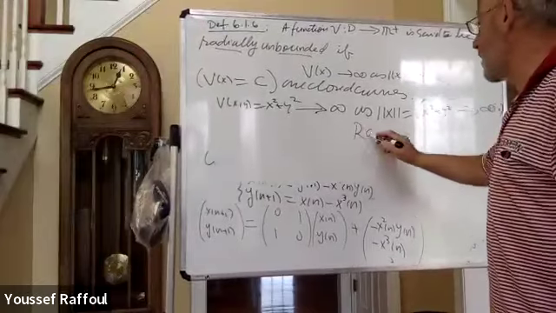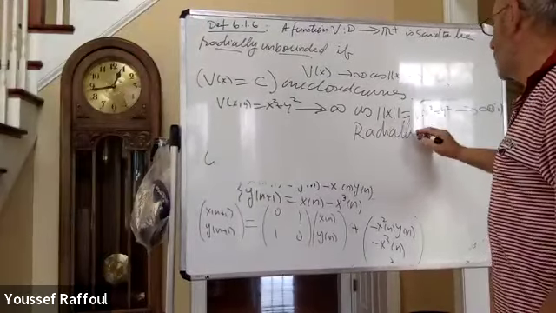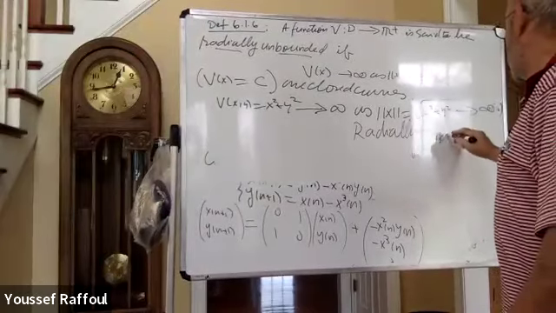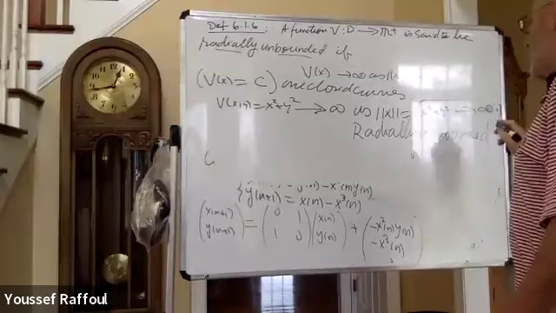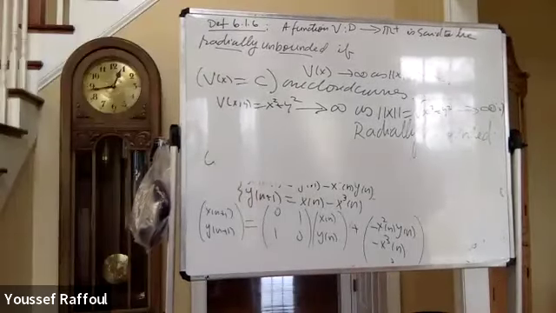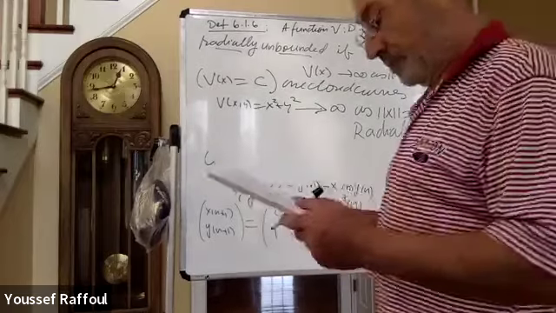So this is radially unbounded. It is radially unbounded. Okay?